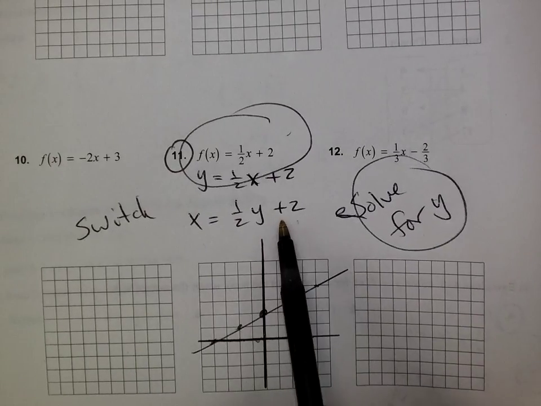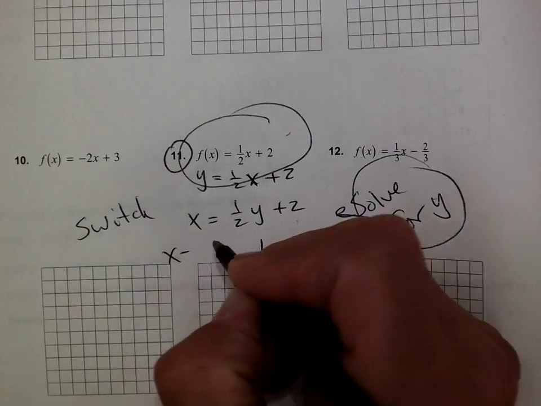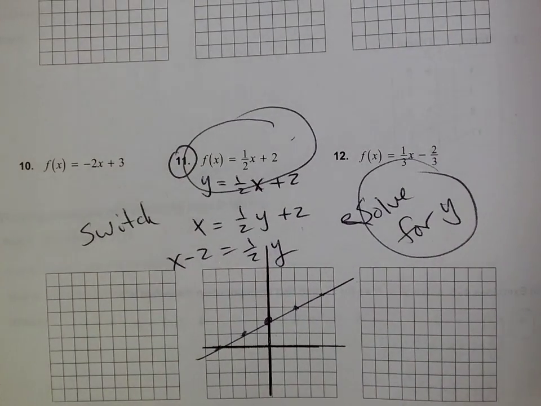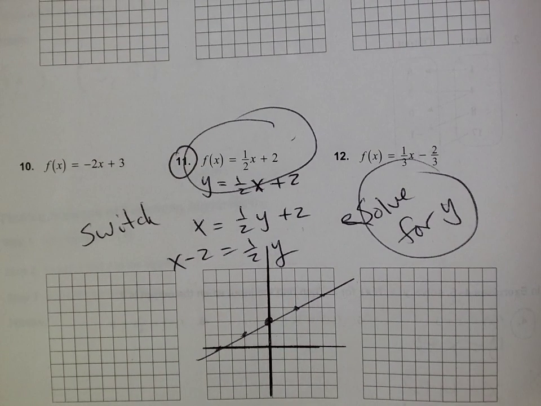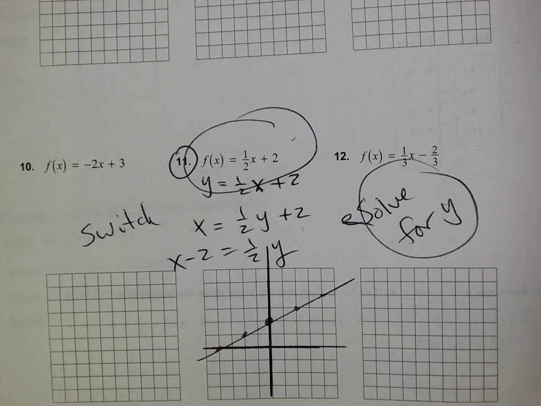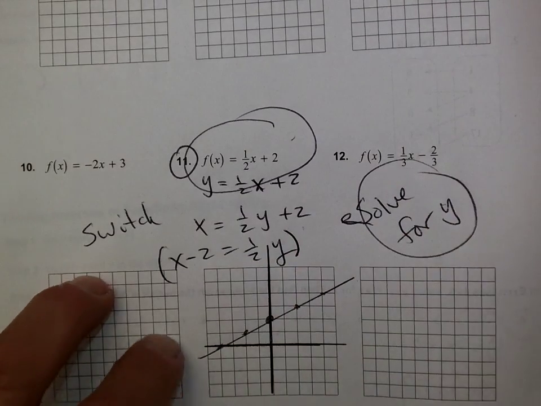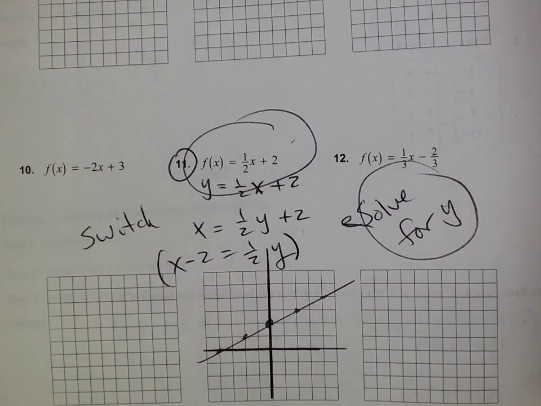So let's go minus 2, and I get x minus 2 equals 1/2 y. And here's what makes it different. How do you undo the 1/2? Times everything by 2, right? You guys agree? So I'm going to multiply everything by 2. Let me get my red pen.